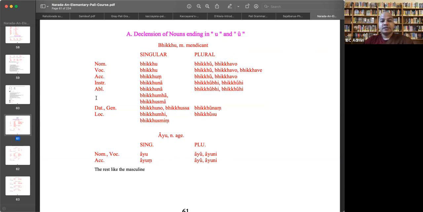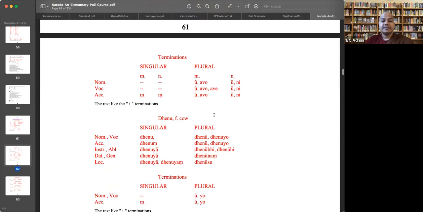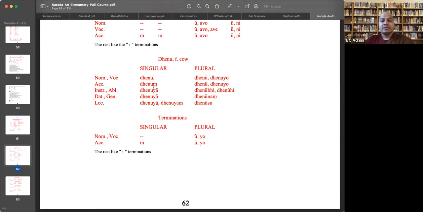So starting from the instrumental case until the locative case, it should be declined as ayuna, ayubhi, ayuhi, ayuna, ayumha, ayusma, ayubhi, ayuhi, ayuno, ayussa, ayunang, ayumhi, ayusmin, ayusu. Right? Yes.